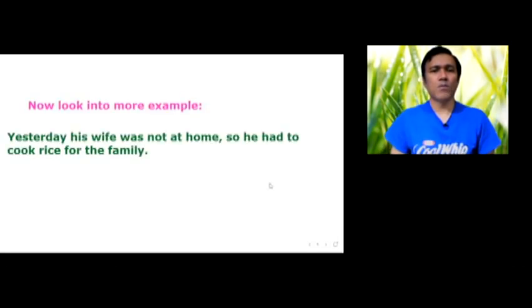Now look into more example. আমি এই সেন্টেন্সগুলোকে আরেকটু বড় করব. আমাকে কোনো কিছু করতে বাধ্য হয়েছিল, কারণ কি ছিল সেই বিষয়গুলো নিয়ে সেন্টেন্সগুলোকে আমি একটু বড় করার চেষ্টা করেছি. যেমন yesterday his wife was not at home, so he had to cook rice for the family. গতকাল তার স্ত্রী বাড়িতে ছিল না, তাই তাকে রাঁধতে হয়েছিল.